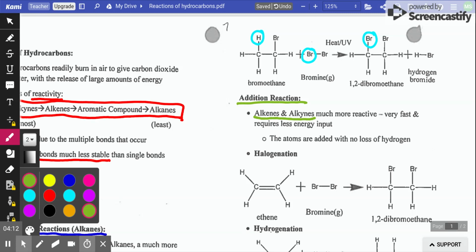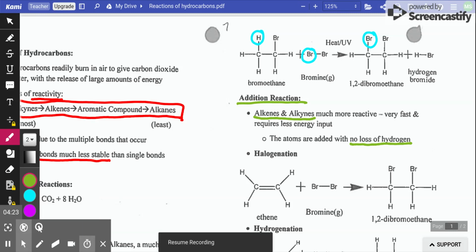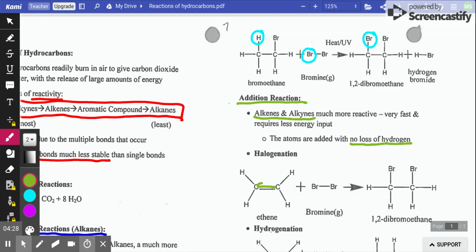Basically, in an addition reaction, there is no loss of hydrogen. What happens is a bond gets broken apart. The bond that gets broken apart is this double bond right here.